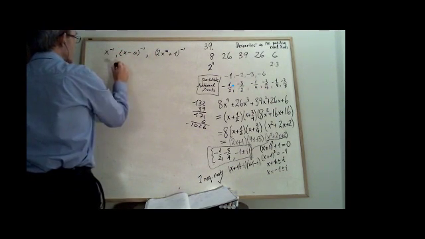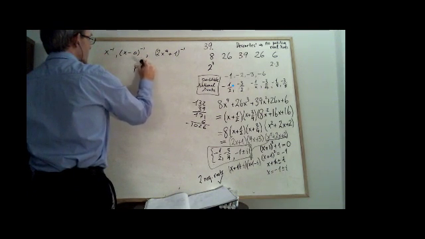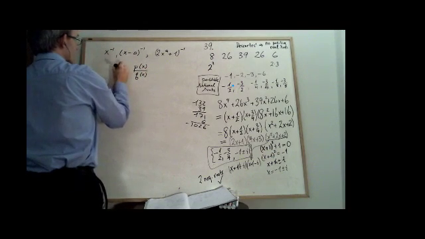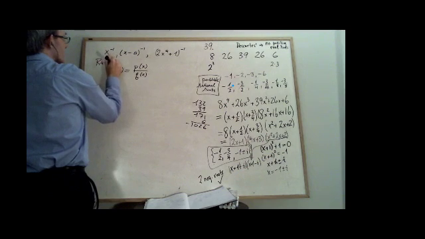So in general, you might have a polynomial in the numerator and a polynomial in the denominator. So that's a rational function.